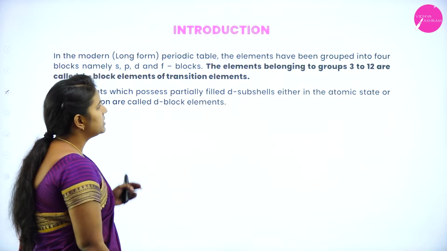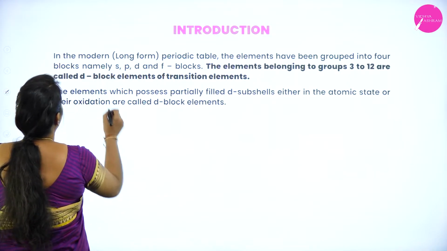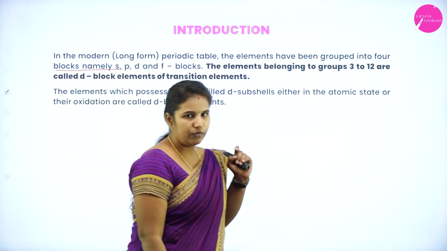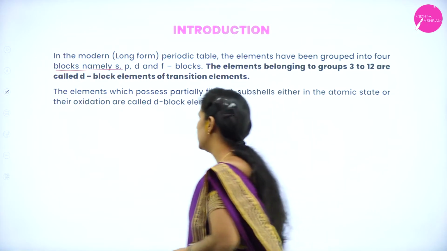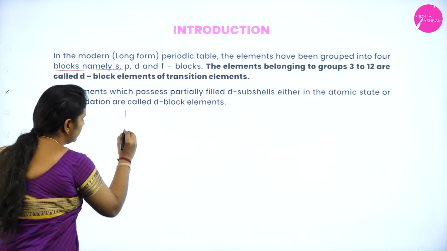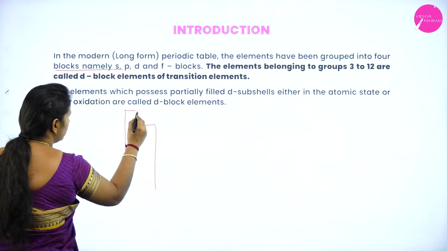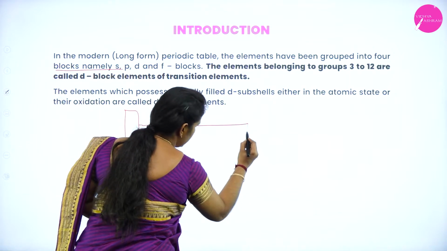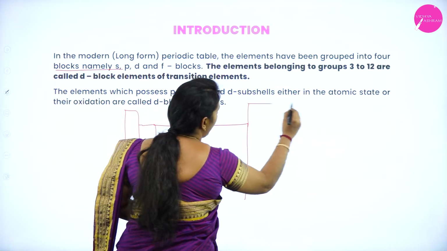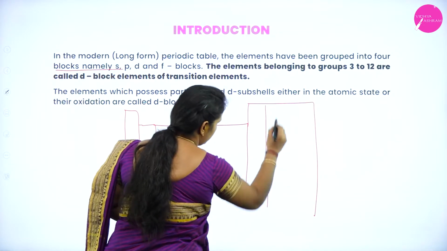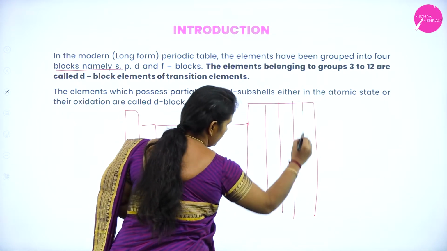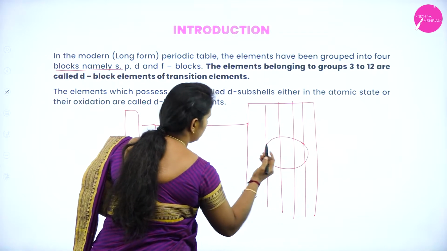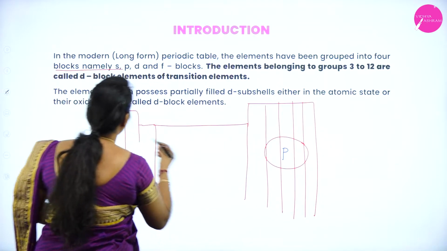The elements have been grouped into 4 blocks named S, P, D and F. I can draw a small picture for you. This is my S block. Similarly, I have the P block.